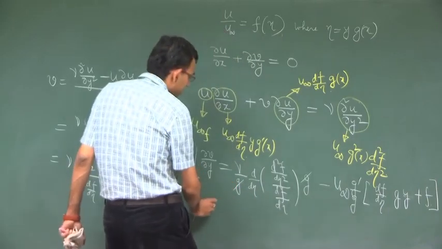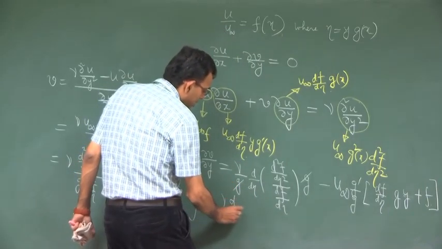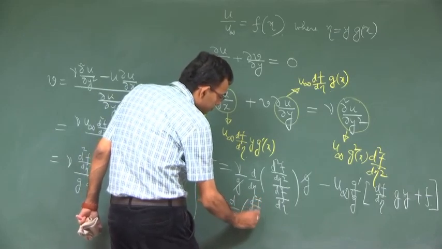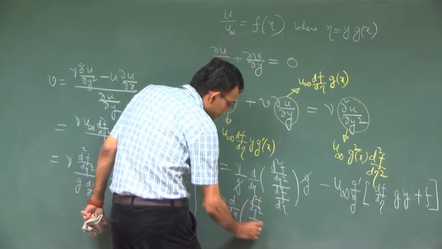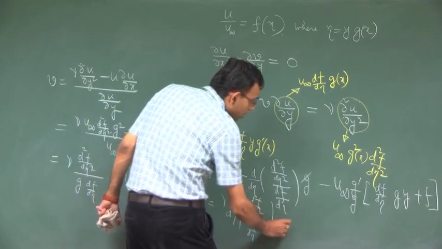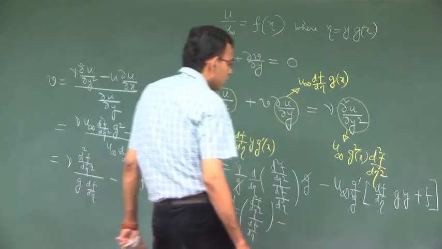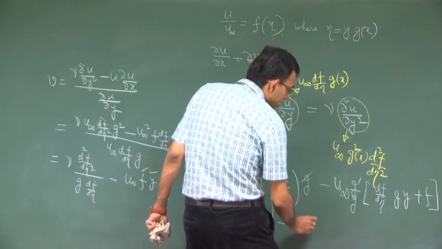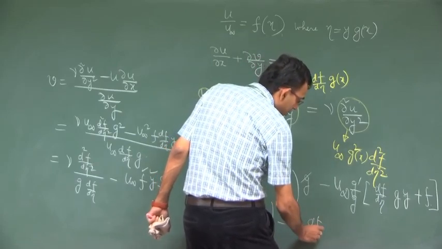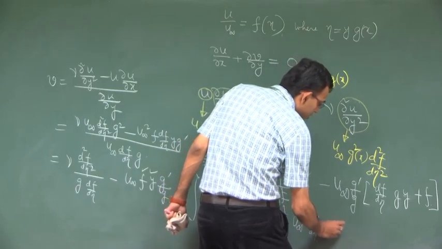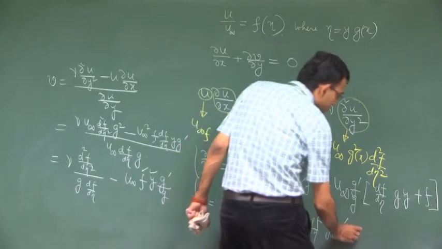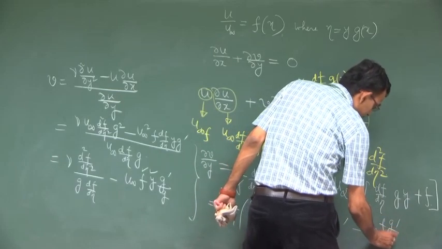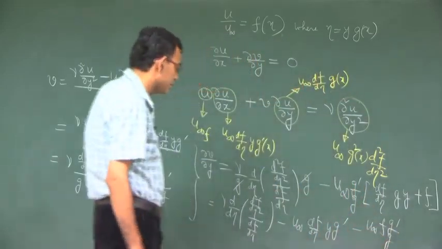So, this becomes nu d d eta of minus u infinity df d eta y g dash, minus u infinity f g dash by g, right.